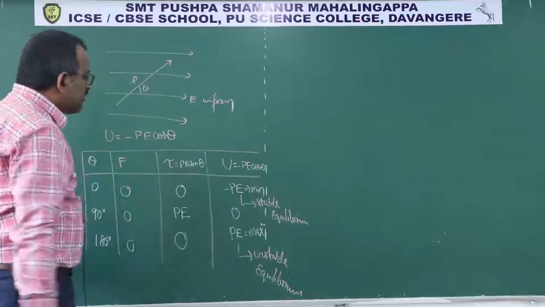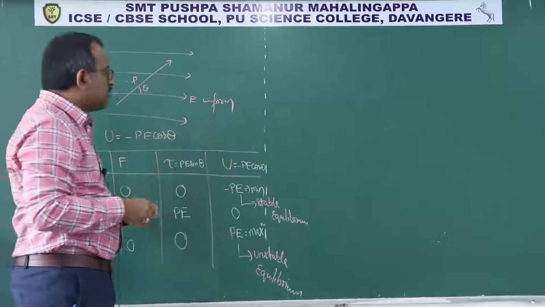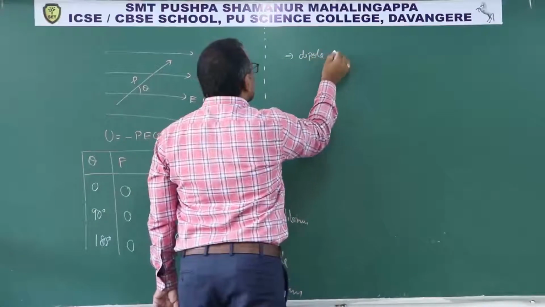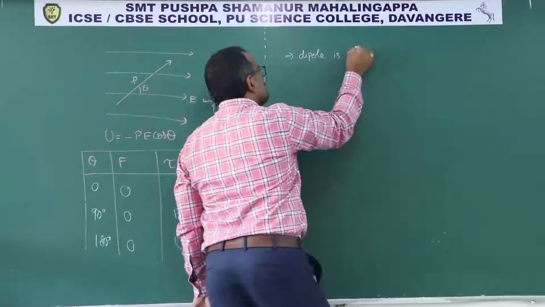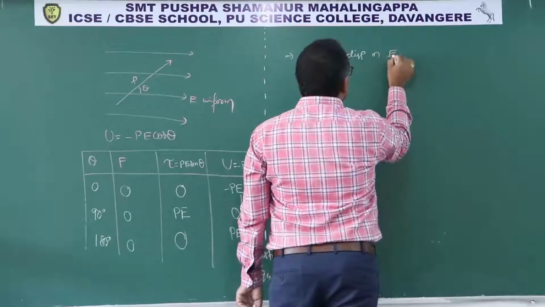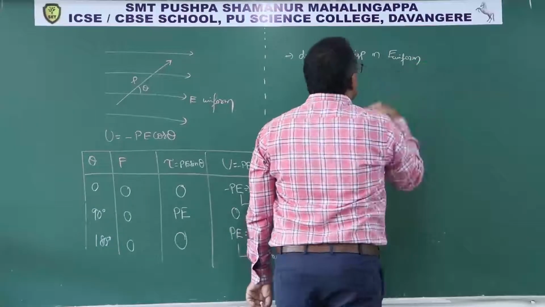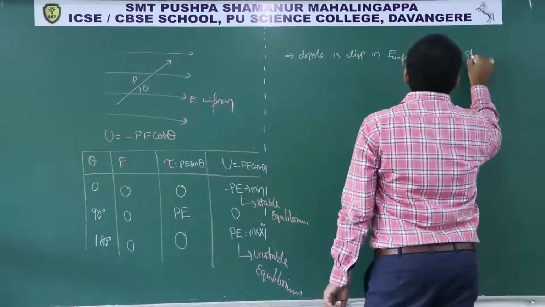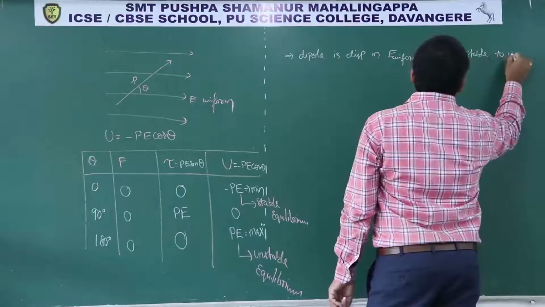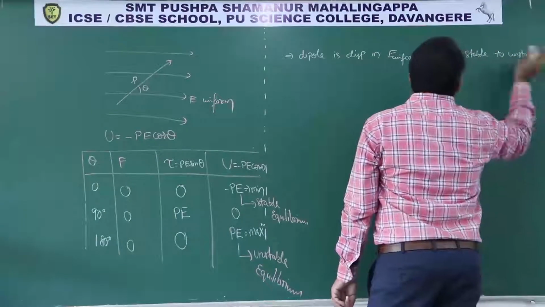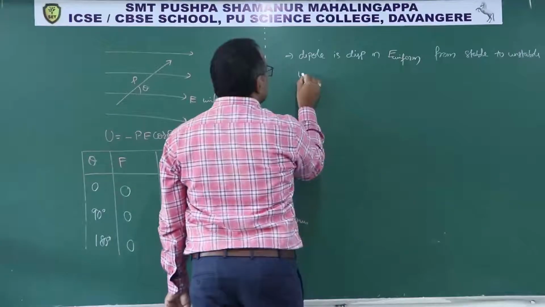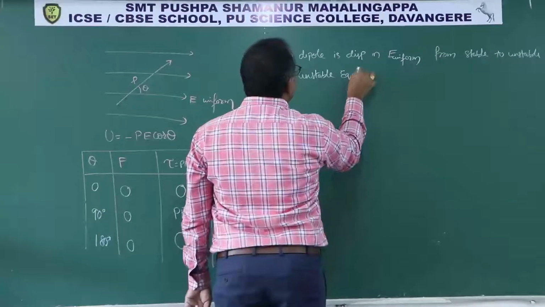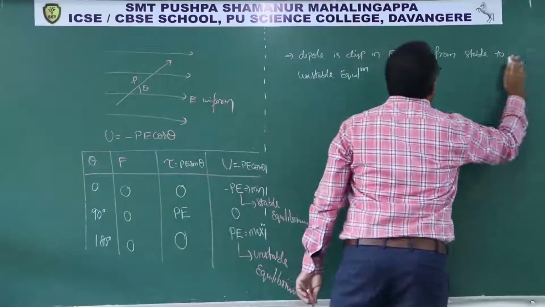So this table is very important. They will ask you the question: a dipole is displaced in a uniform electric field from the stable equilibrium position to the unstable equilibrium position.